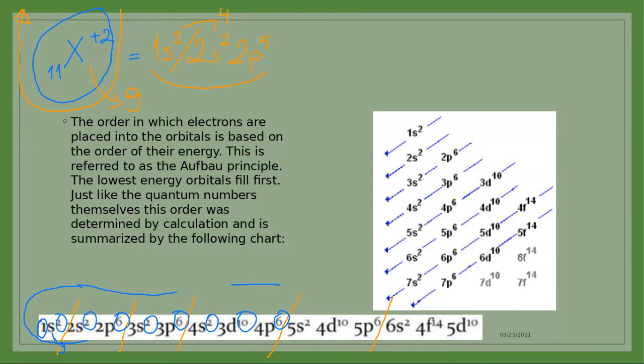That's it. This is the electronic configuration of the X cation. You need to add these electrons, and they should equal the electron number you found. I think that's right.